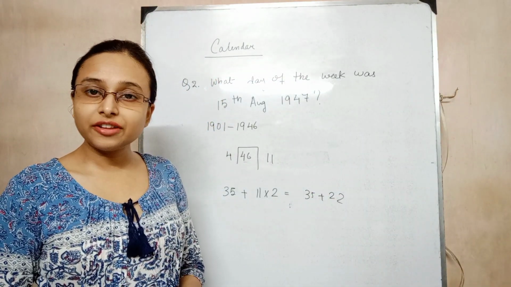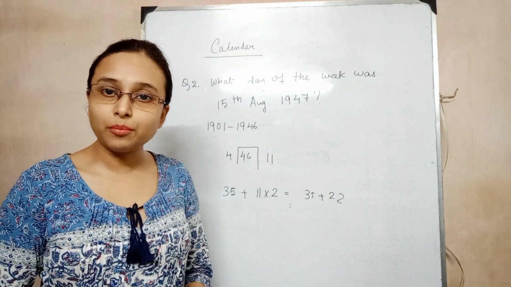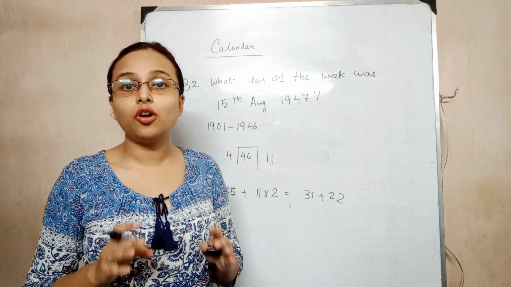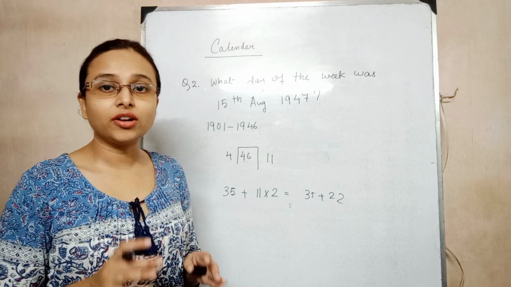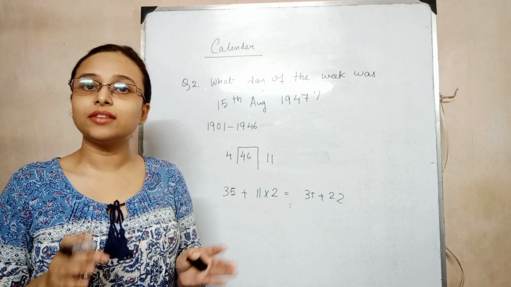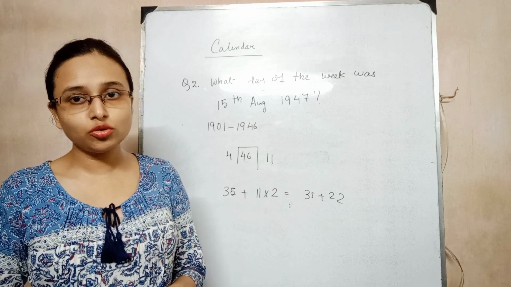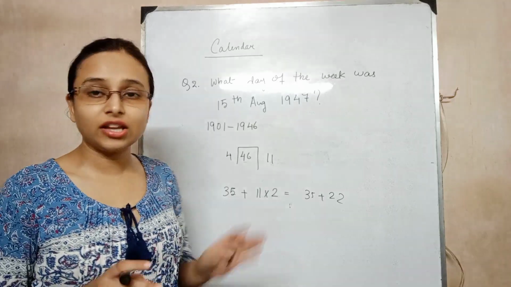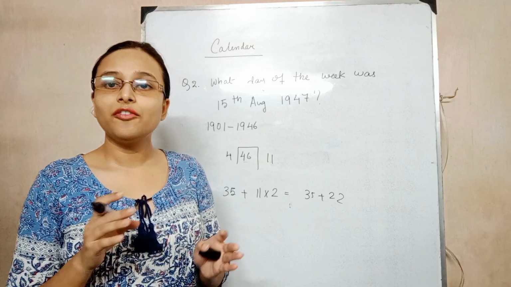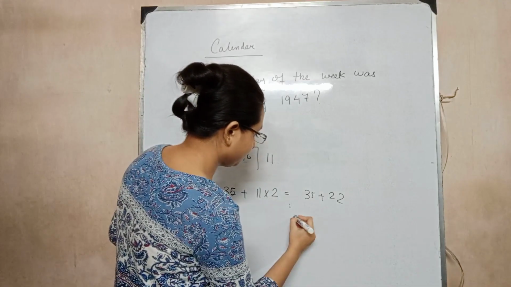So the total number of odd days in 46 years will be 35 plus 22, which will give you the final figure of 57 odd days.